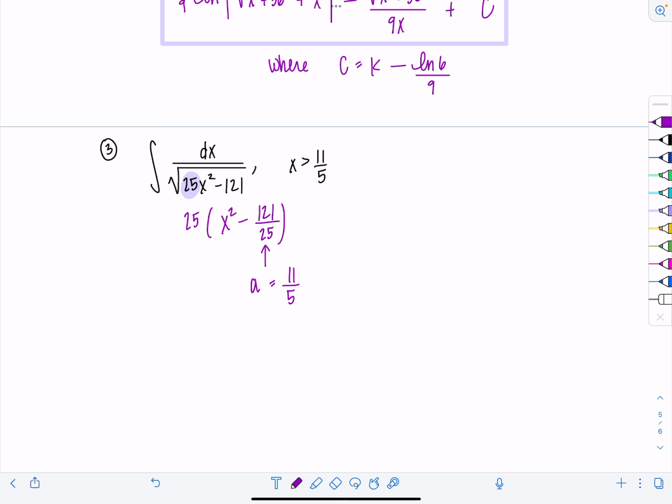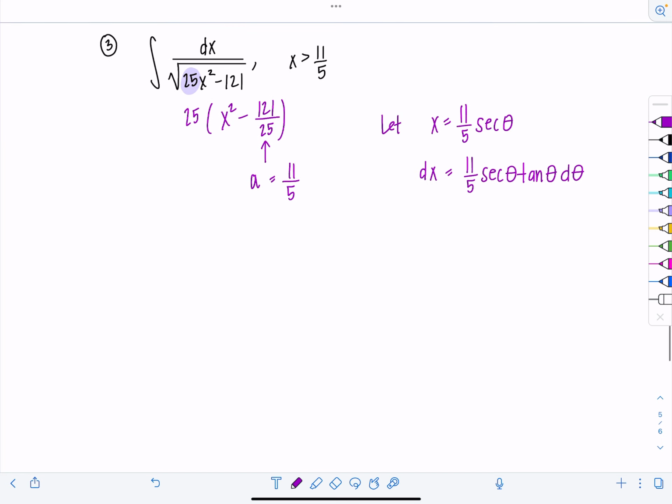Since we have the variable squared minus the constant, that's the case where we're going to use secant theta for the substitution. So we're going to let x equal 11 over 5 secant theta. Okay, then that means dx is 11 over 5 secant theta tan theta d theta.